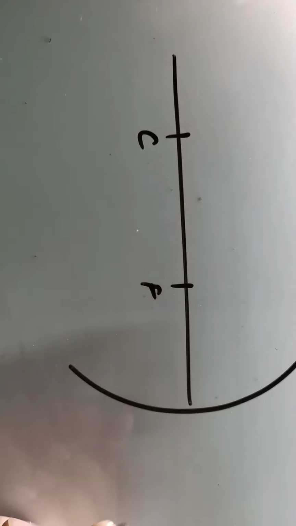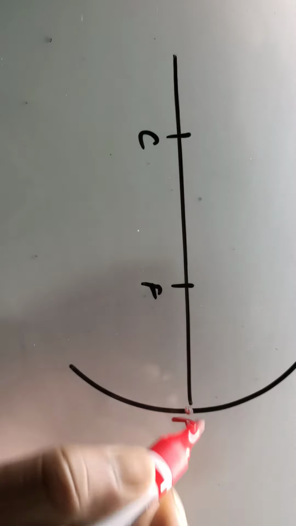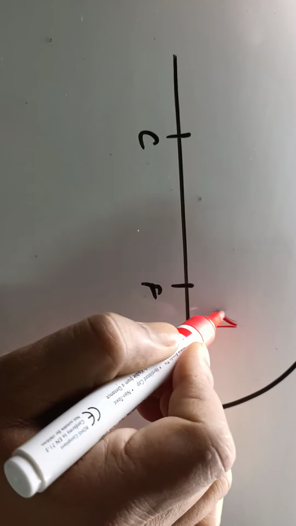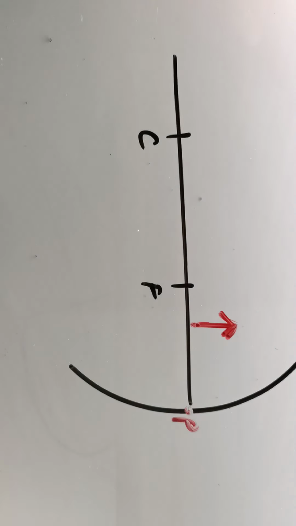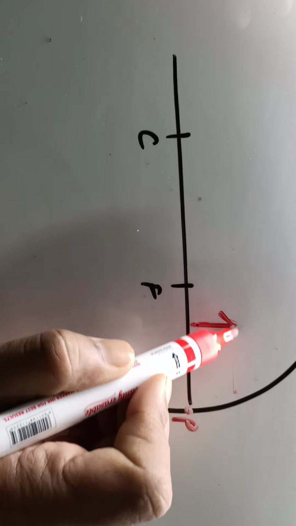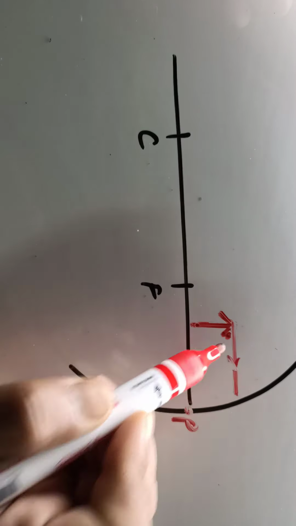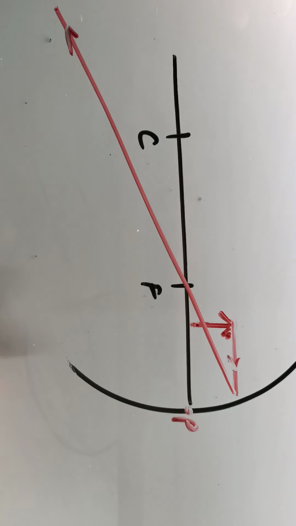Now where will the image be formed if the object is, this is your pole, right? If the object is kept between the pole and the focus, right? So for this, what do you do? A ray of light travels parallel to the principal axis and passes through the focus, right?